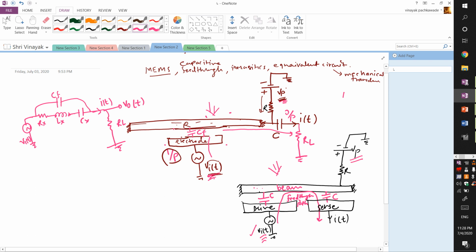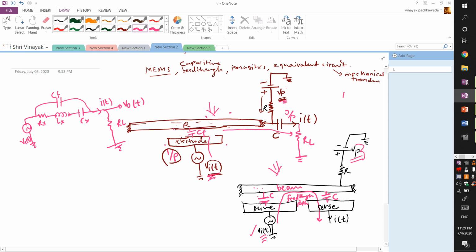signal, so together with Vi of t plus Vp, this beam is driven into resonance, or this beam starts vibrating at a resonance frequency, and there is this capacitance right over here, and there is another capacitance right over here. So where is the output we are taking?